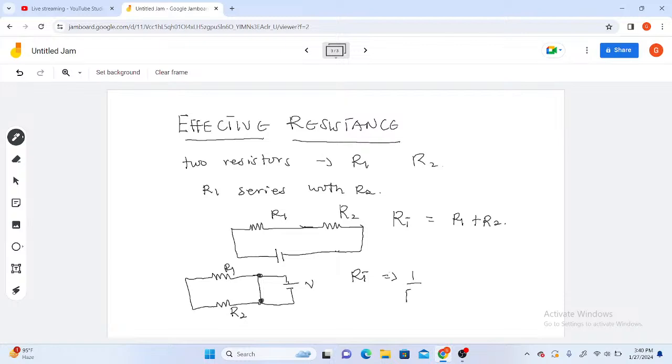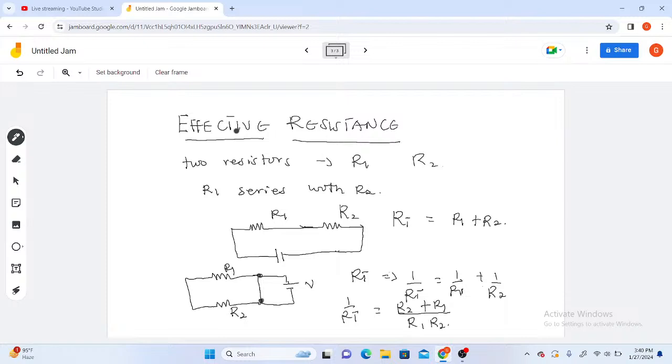1 over the total resistance will be equal to 1 over R1 plus 1 over R2. And this can further be simplified as 1 over RT is equal to R2 plus R1 all over their product, R1 R2.